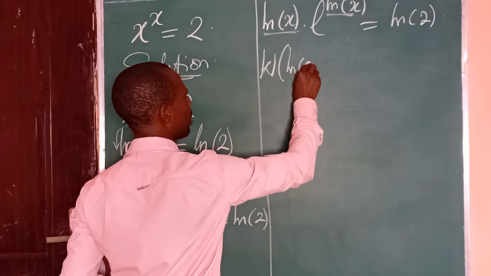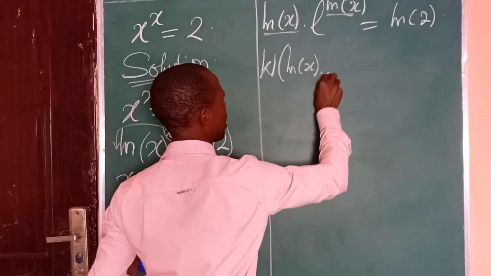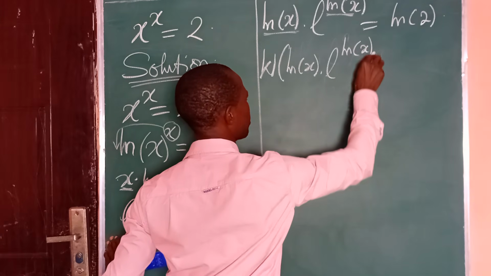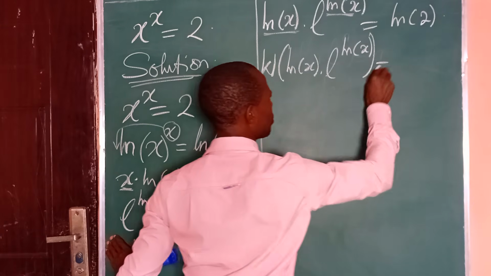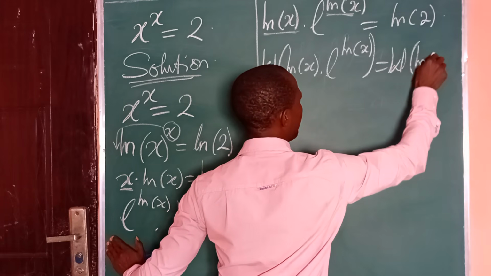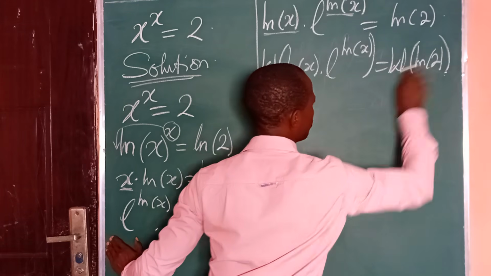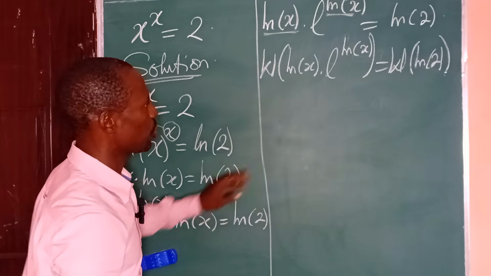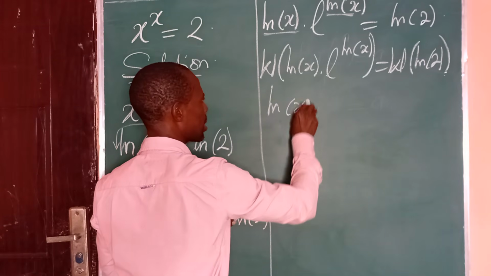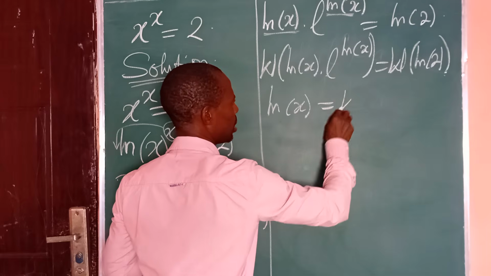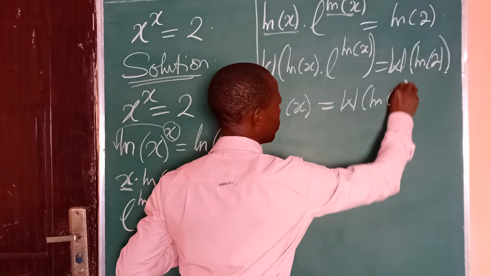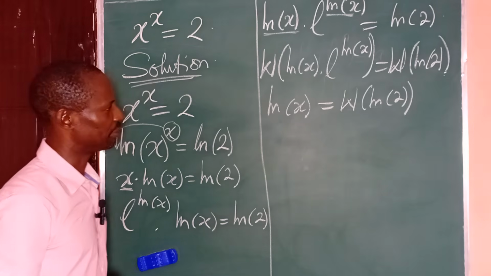So we have W of (ln of x times e to the ln of x) equal to the W of the ln of 2. So with what we have here, we're going to end up having the ln of x equal to the W of the ln of 2.